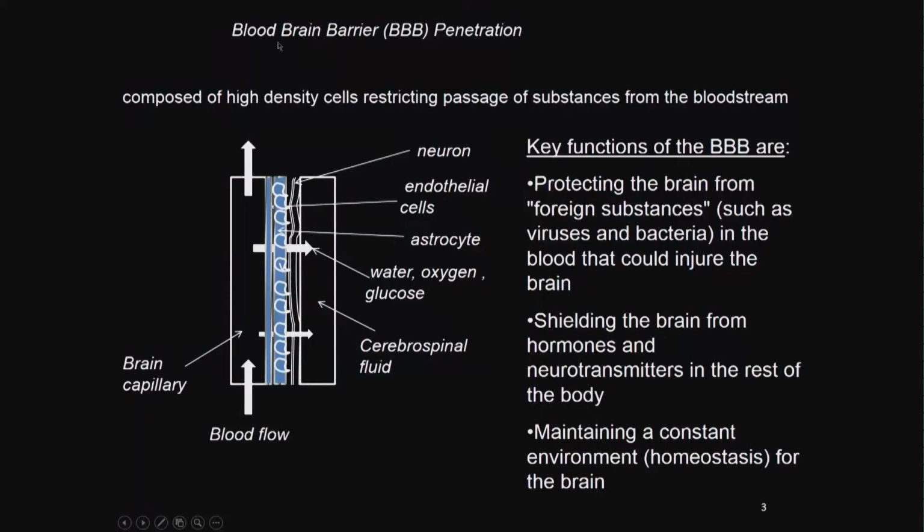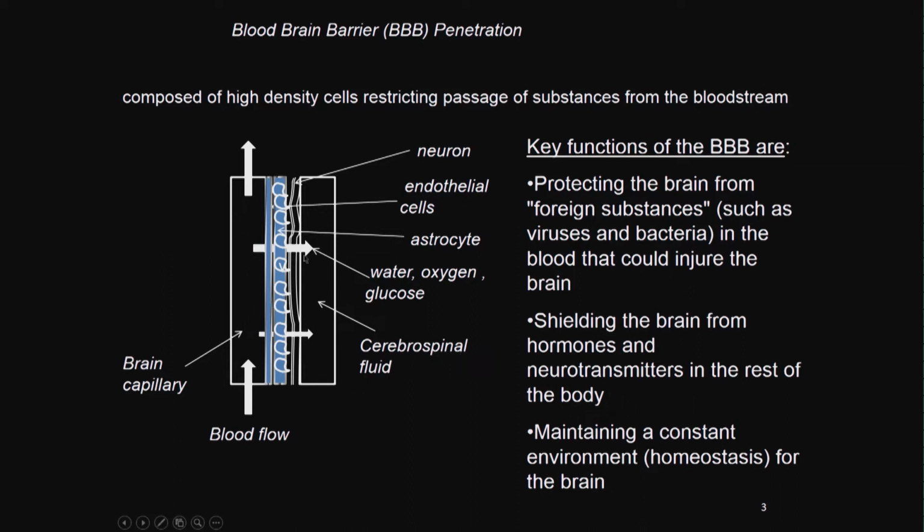So what is this blood brain barrier, and how important is this penetration? It is composed of high density cells, restricting passage of substances from the bloodstream. So we have the blood flow here, then we have the brain cerebrospinal fluid, CSF it is called.